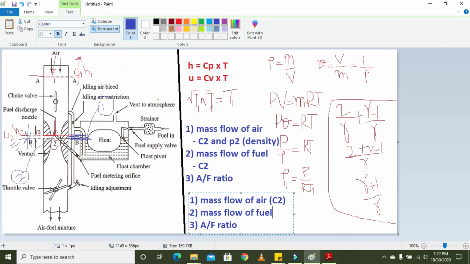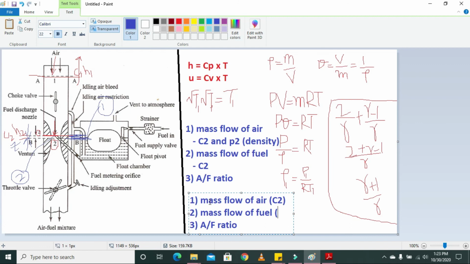You can apply the Bernoulli equation on the incompressible fluid. So in the second derivation, we have simply determined the mass flow rate of air. We have simply determined the C2 by using Bernoulli equation. But in the first derivation, we determined the speed at section 2, C2, by using energy balance equation.